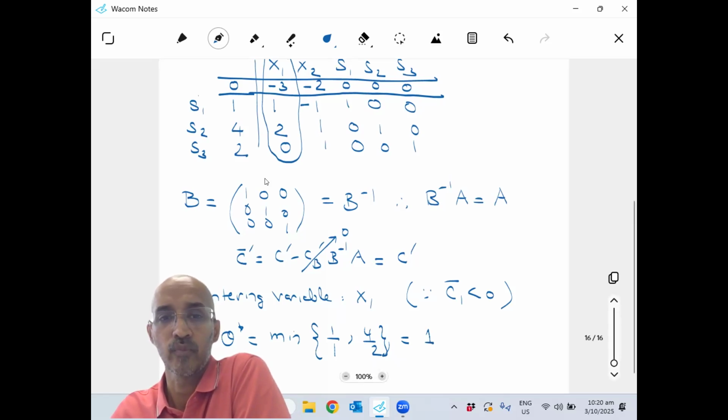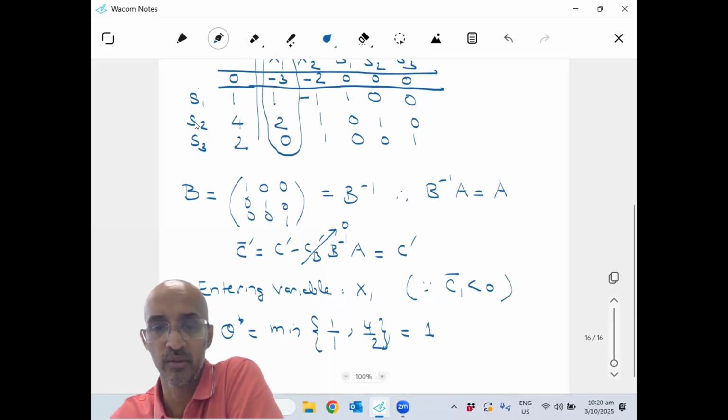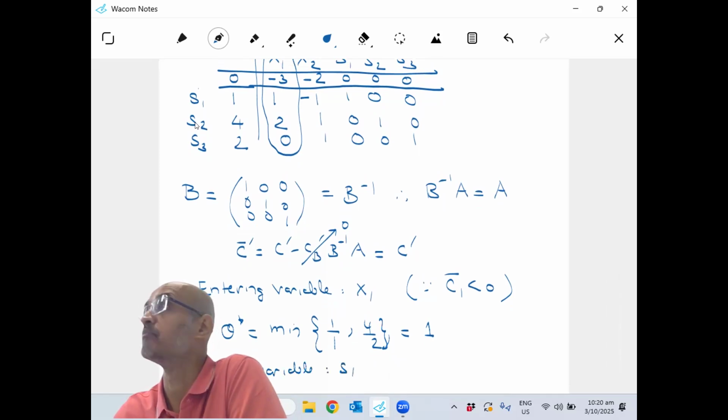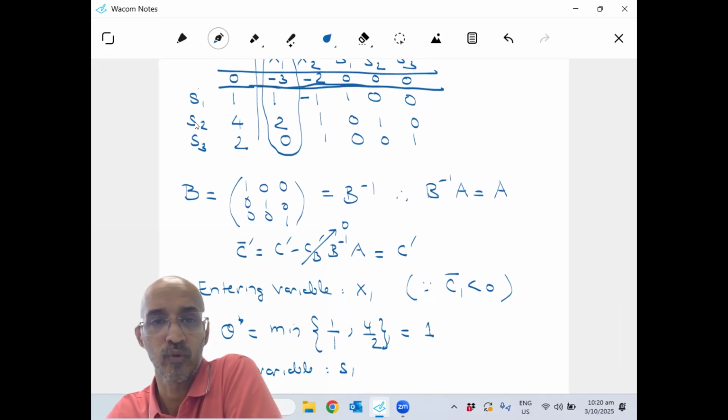So my exiting or leaving variable will be S1. Which means I'm going to use this row.